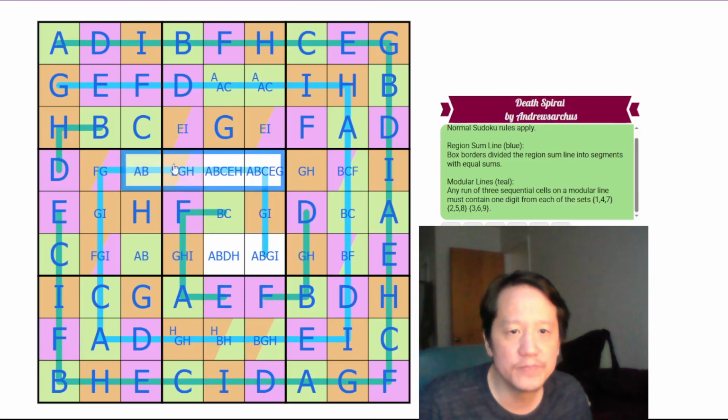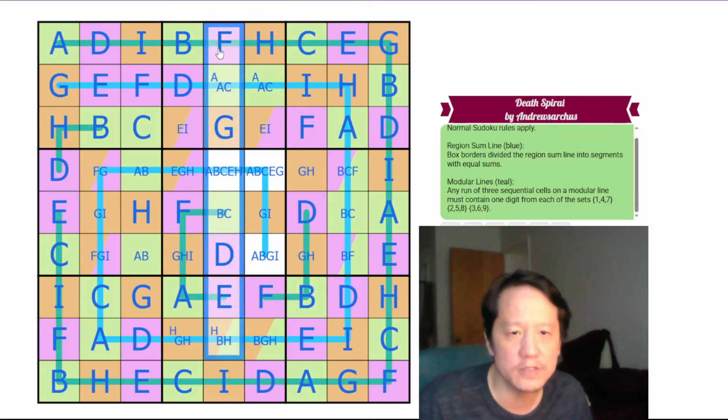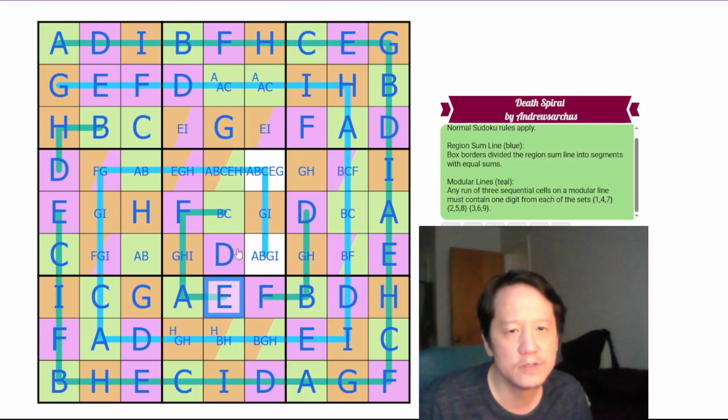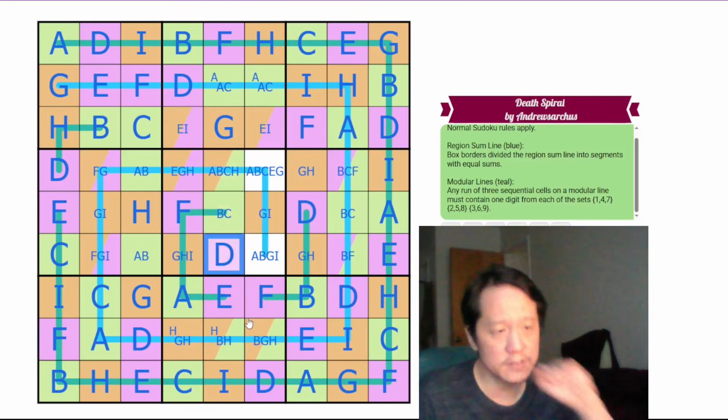Where is D? D can't be here, here, or here. So D has to be here, which makes that pink. That gives us 3 pinks in column 5. So this cannot be pink. It's green or orange. So this cannot be E. It's A, B, C, or H. Okay. This is D.